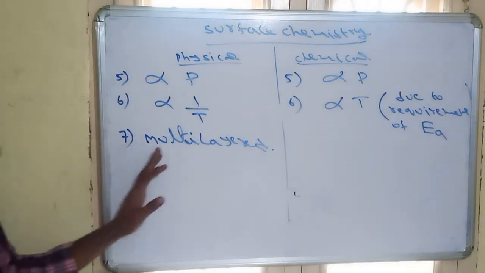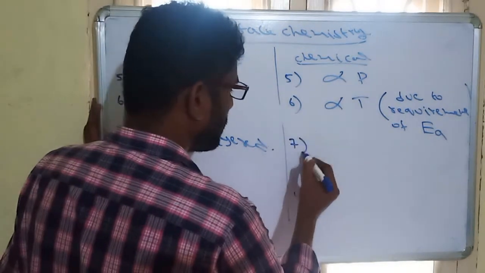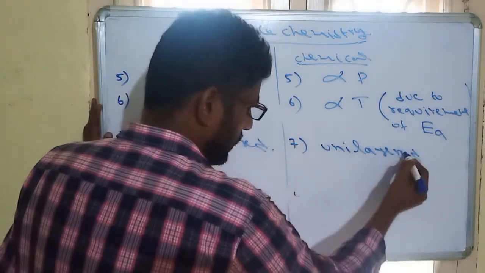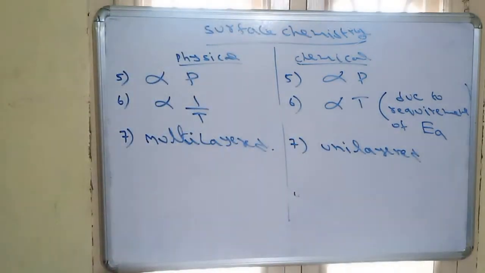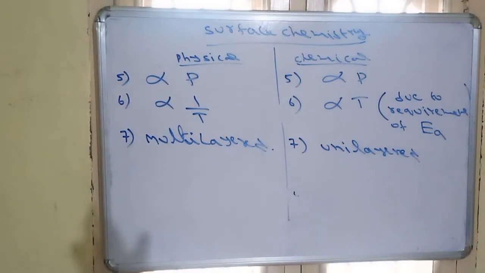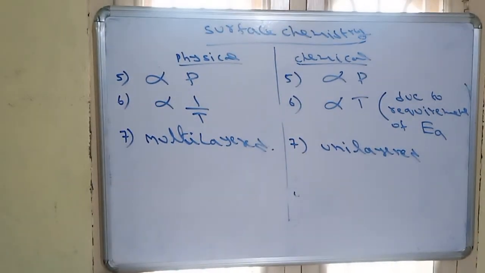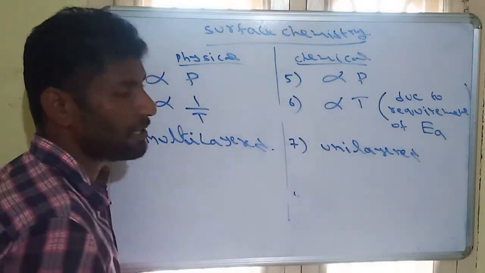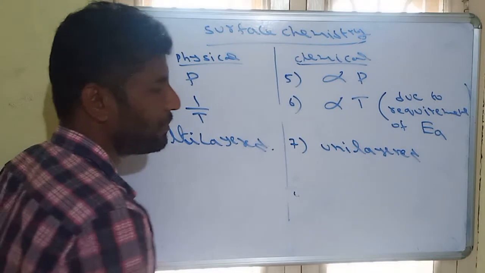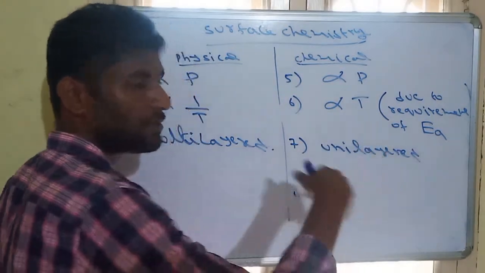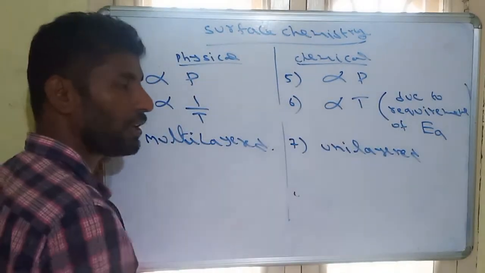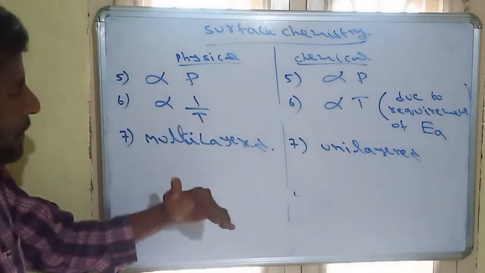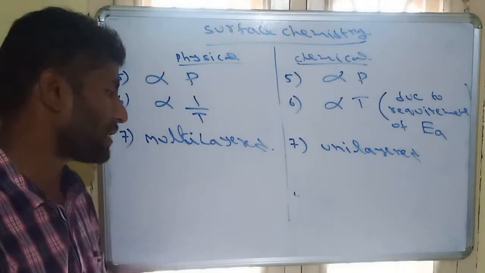Physical adsorption is multi-layered, whereas chemical adsorption is unilayered. That means once bonds are formed, it does not form extra bonds; it is always unilayered, forming continuously one by one. Under high pressure, physical adsorption will continuously form a layered structure.